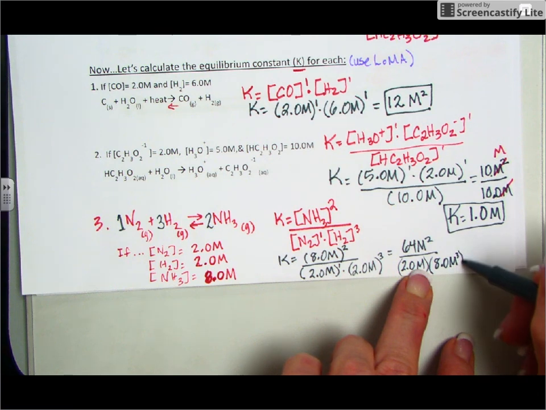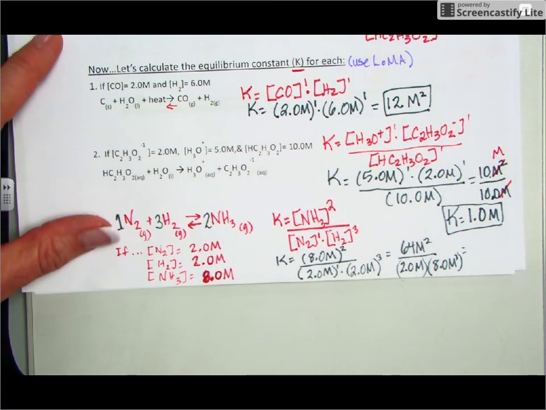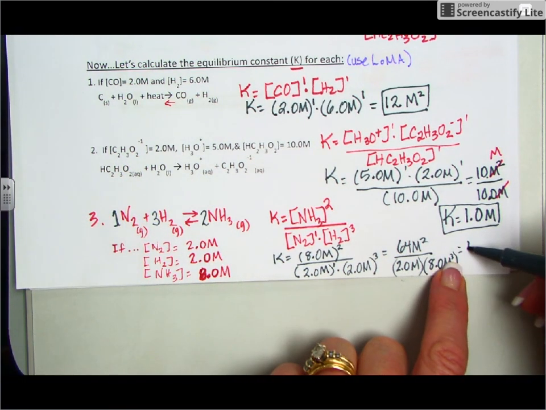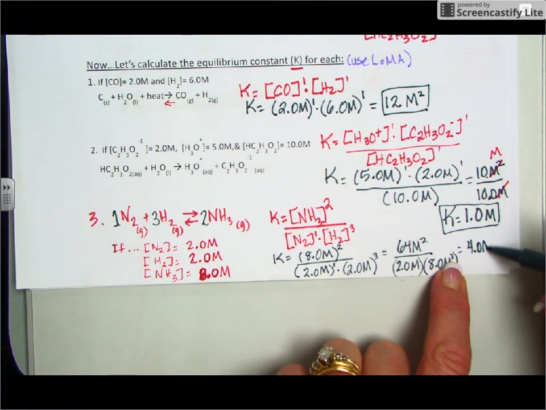And that's going to be cubed as well. Remember, you cube your unit as well. So we basically have 64 divided by 16. And that's going to give us, with 2 sig figs, 4.0 molar.